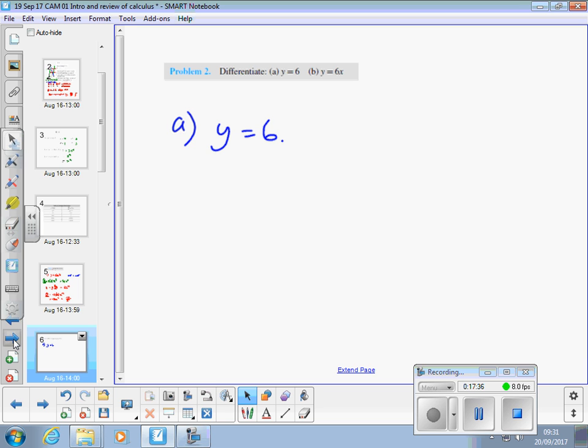How could I put an x term in there and still have y is equal to 6? Yeah, I can say that this is equal to 6x to the 0. Yep. Now what happens when we differentiate? What do we have to do, Ben?